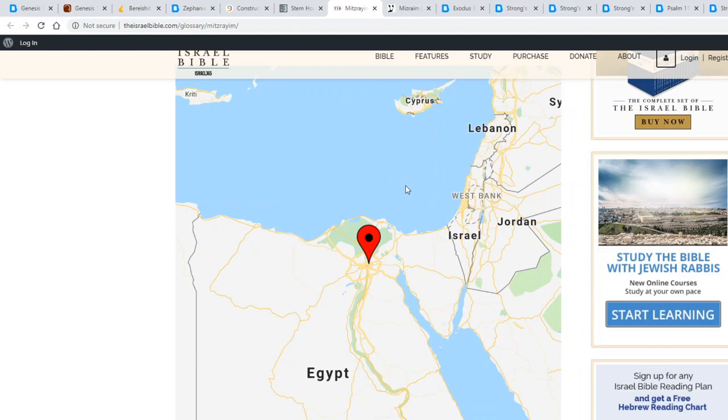Apparently, Mitzrayim sounds a lot like other words with different roots that are used for Egypt, and so Mitzrayim is the Hebrew name for Egypt, and we're going to be talking about the symbolism of that.